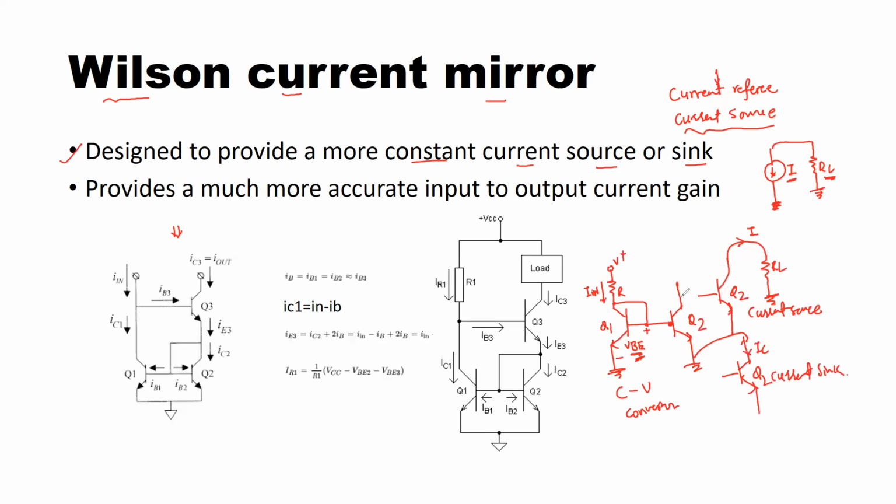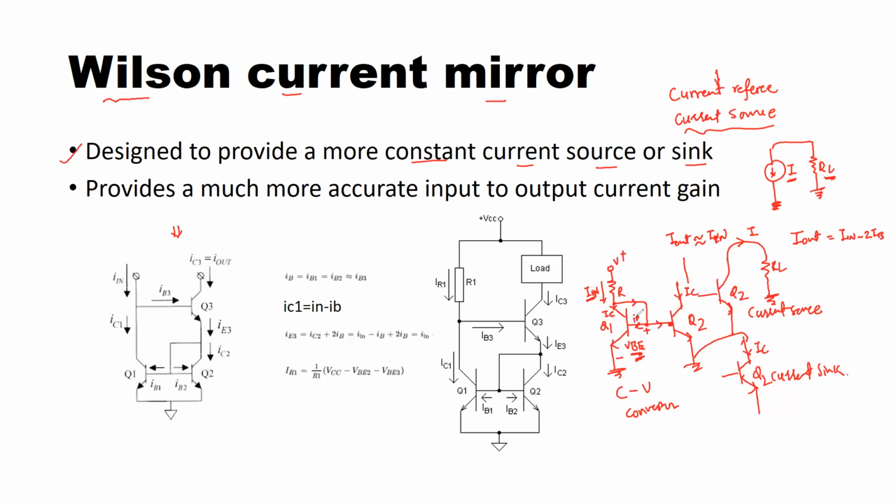And we had this collector current of the transistor, which we called I out, and we said I out was approximately equal to I in. But more formal analysis gave us the answer that I out was equal to I in minus 2IB, because we see here the I in got split into the collector current of the transistor Q1, and then it got split into IB1 and IB2.